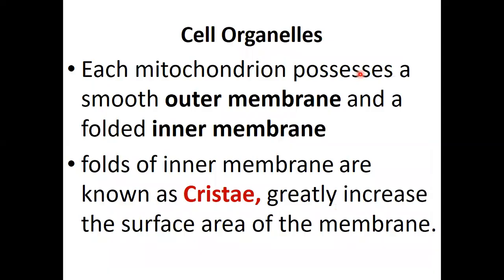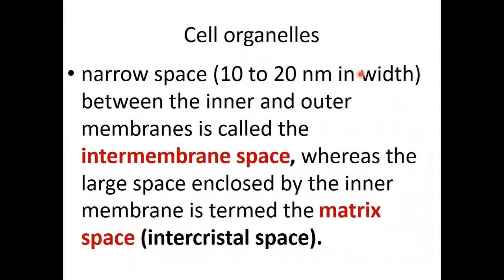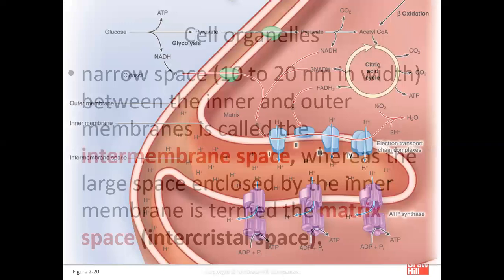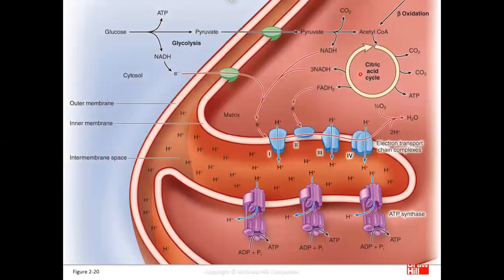So, how does mitochondria produce energy? It can be summarized in this process. There's what we call glycolysis and the citric acid cycle. The product of glycolysis is pyruvate here. Glucose, remember where glucose was coming from?